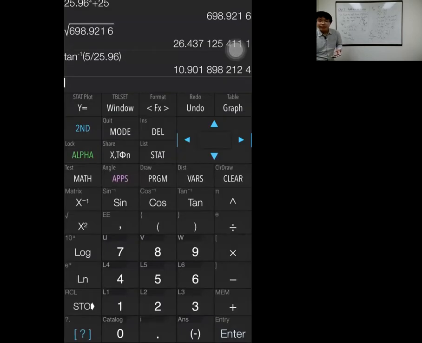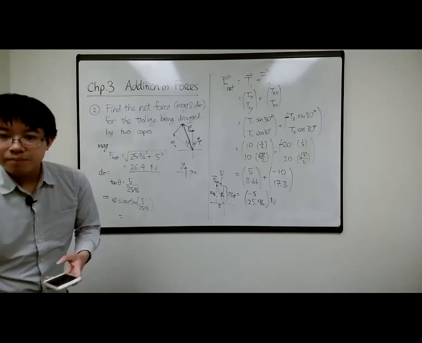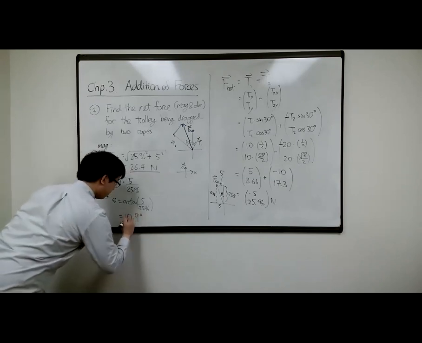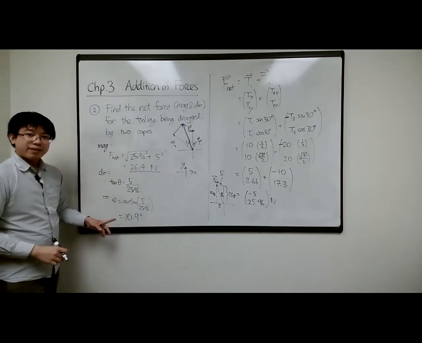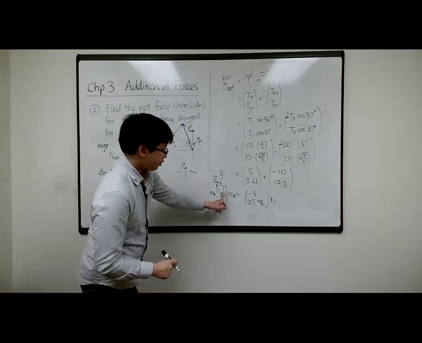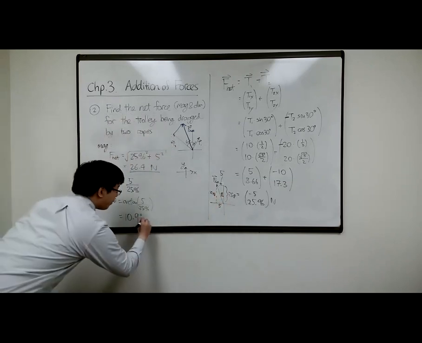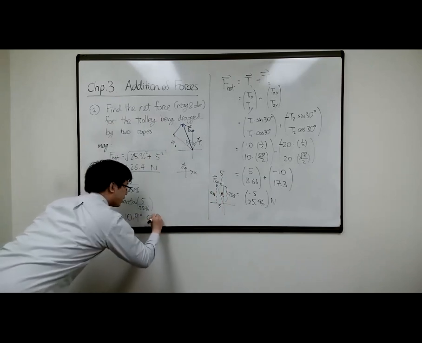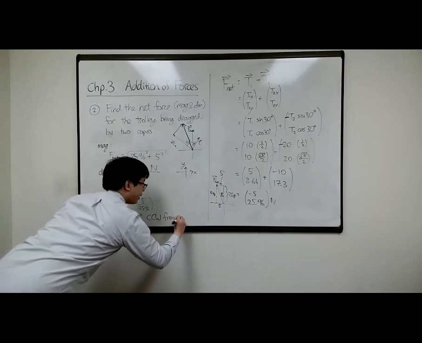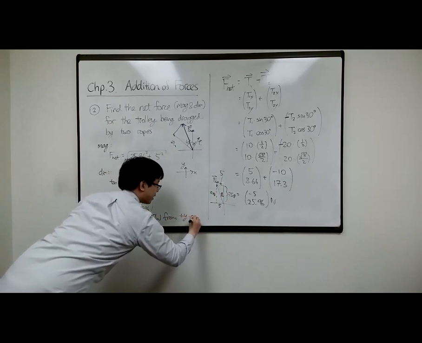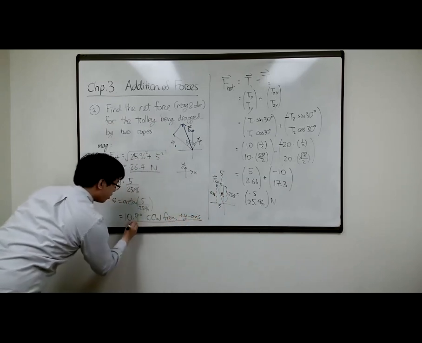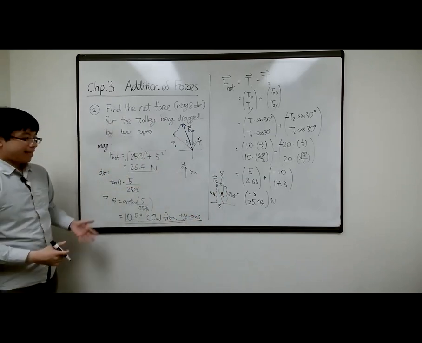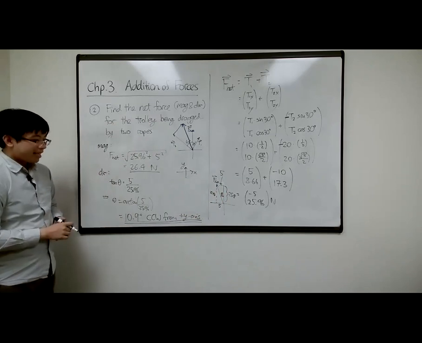Okay, so 10.9 degrees. Okay, is that all? Not quite, right? So you want to also specify it clearly. So that's 10.9 degrees counterclockwise from the positive y-axis. Okay, underline or box your work. That's your complete answer.